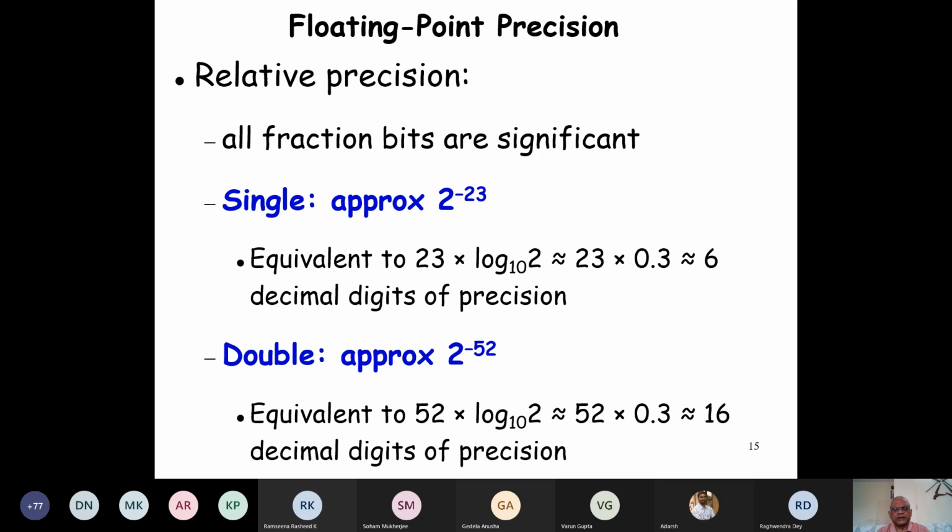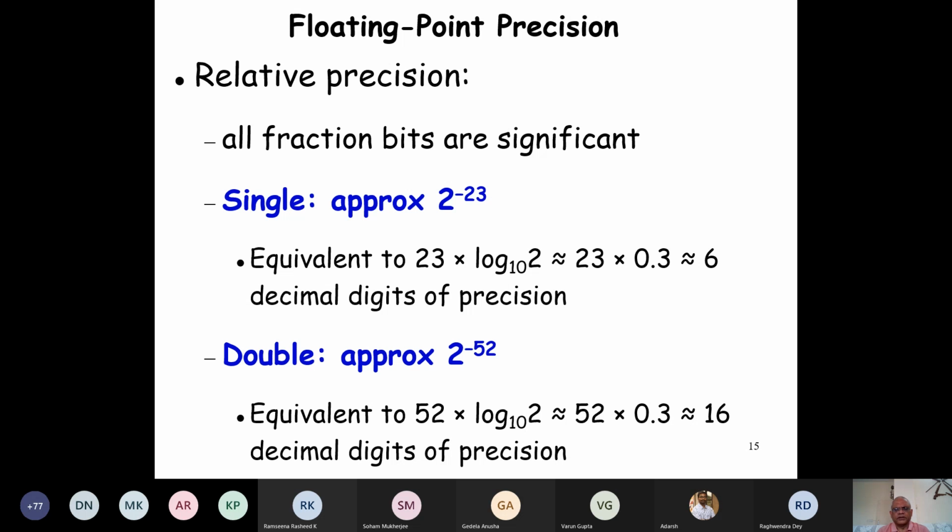But how much is this in decimal? Okay, if we do this log thing, so in decimal, if it is 10 to the power x, basically if we take log with base 10, then this will be log 2 base 10, and therefore 23 into 0.3.